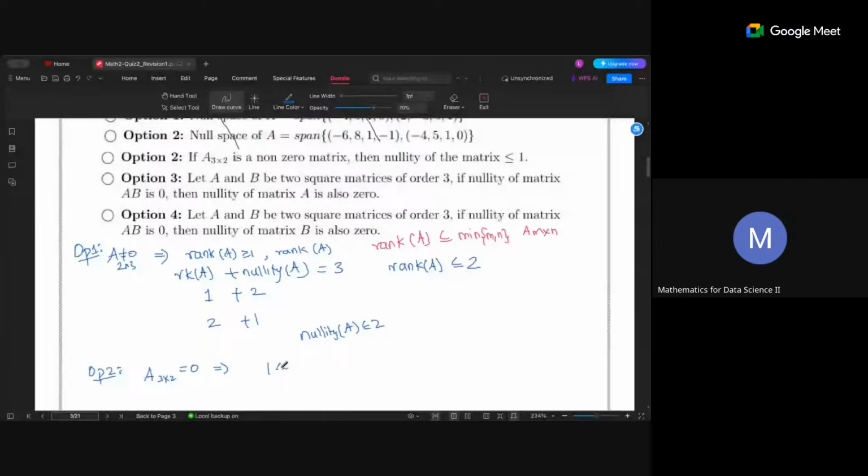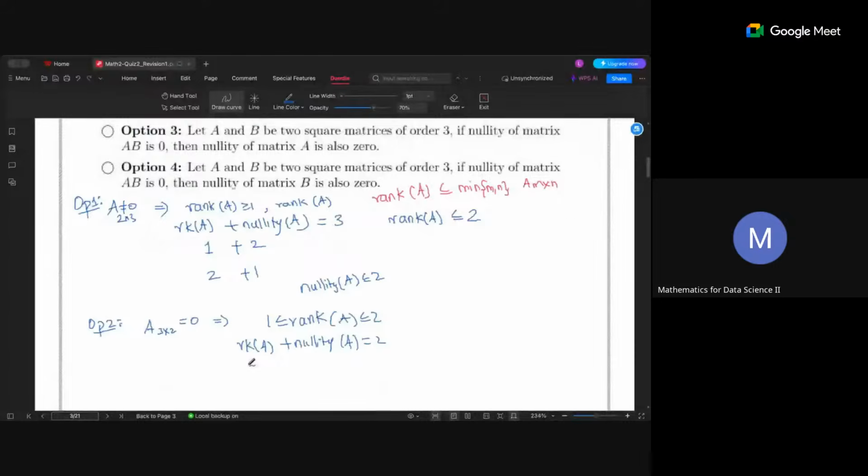But what about the rank-nullity theorem? Rank plus nullity is equal to 2 in this case. If the rank is 1, the nullity is 1, and if the rank is 2, the nullity is 0.